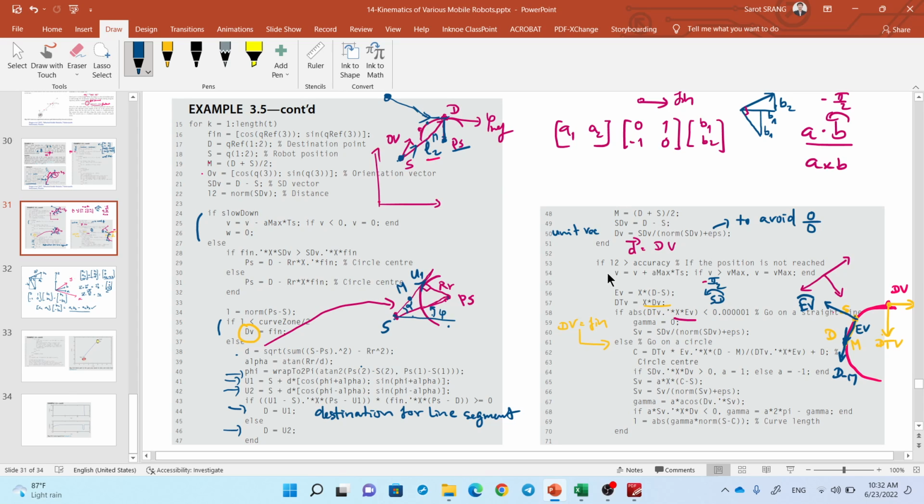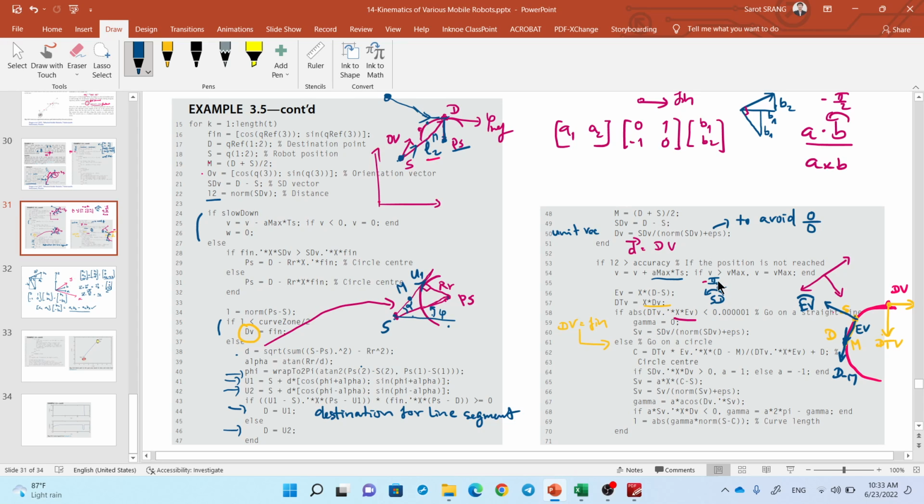So if norm L2, where L2 is the norm of SDV, defined here before, which means the distance from S to the final destination, is greater than accuracy, then velocity is set to be increased at maximum acceleration.